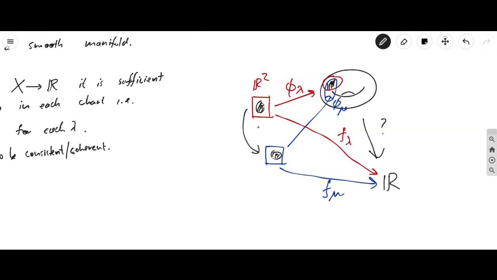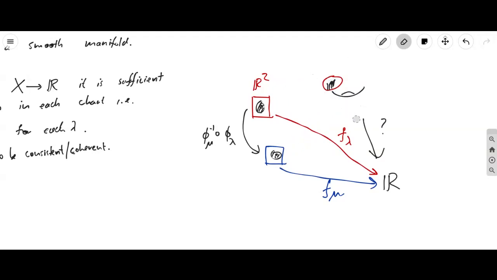We have a map here, which we call phi lambda composed with phi mu inverse. That's the mapping from this open set to that open set. Maybe if I get rid of all of these extra arrows because they're getting in the way, we basically want this diagram to commute. The answer that we get by using that mapping and the answer that we get using this mapping should be consistent with one another.